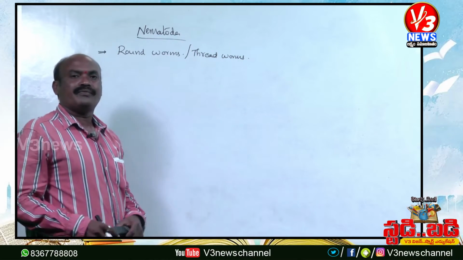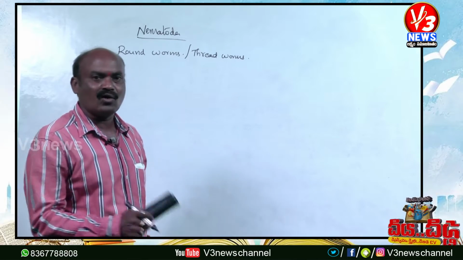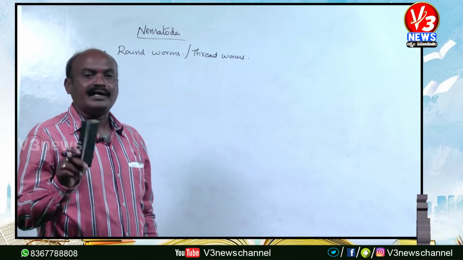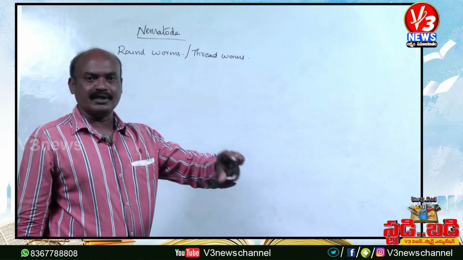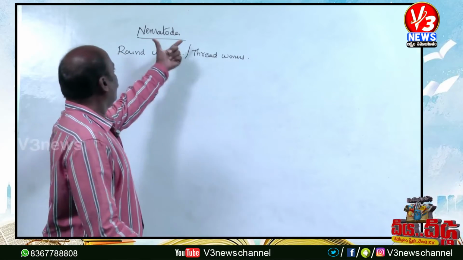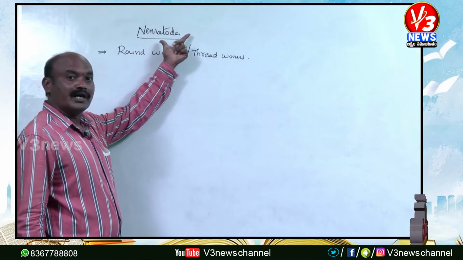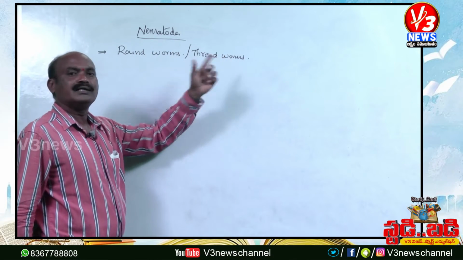The members of the phylum Porifera are commonly called sponges. The Cnidarians are called jellyfishes, ctenophores are comb jellies, and platyhelminths are flatworms. The same way, the members of the phylum Nematoda are commonly called roundworms or threadworms.